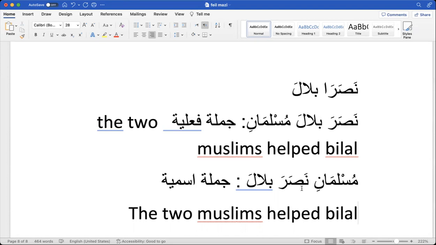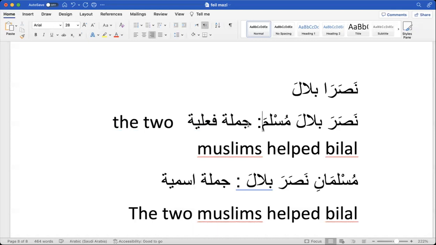Okay, I will not give you this example, I'll give you a simple example here. Because in this case it should come Nasara, I'll do one thing. I'll put Muslimu here.